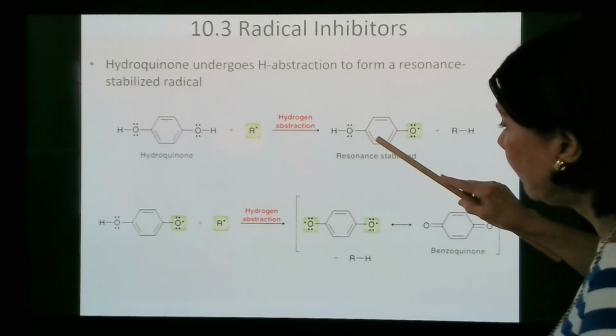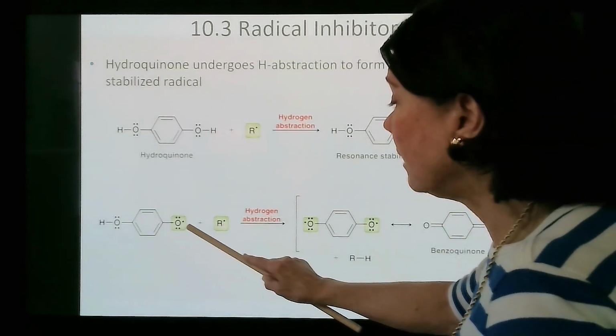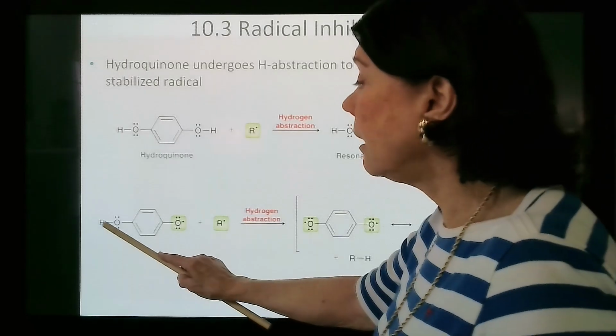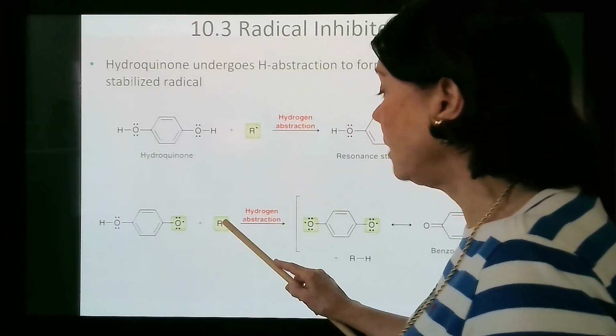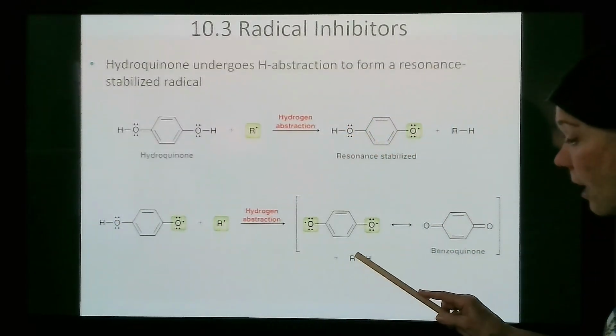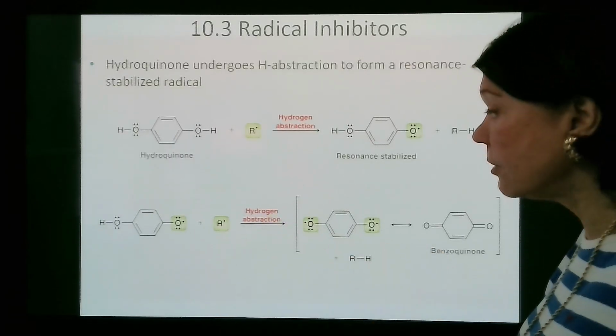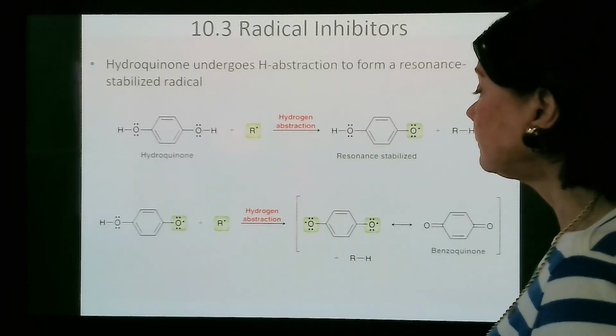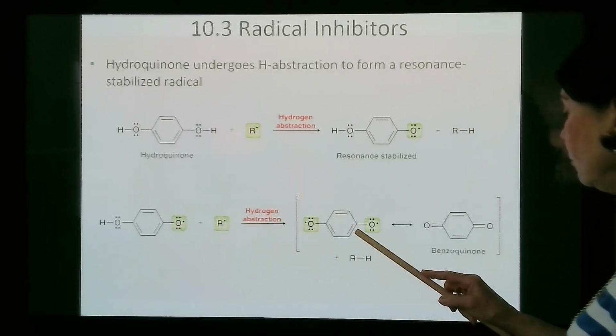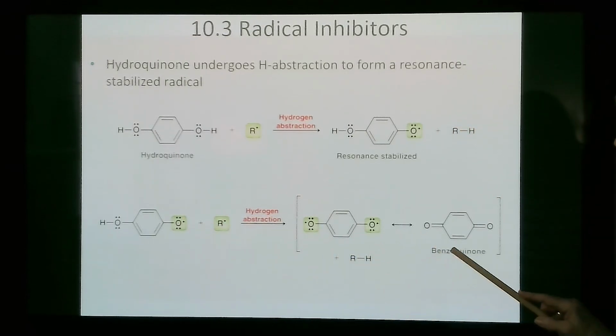It's stabilized by resonance. And so then this down here can actually donate another H dot to another R dot. And here you'll have RH. So it's quenched another radical. And then you simply get this benzoquinone, which is a stable molecule. So that ends the first part of our discussion on this chapter on radicals.